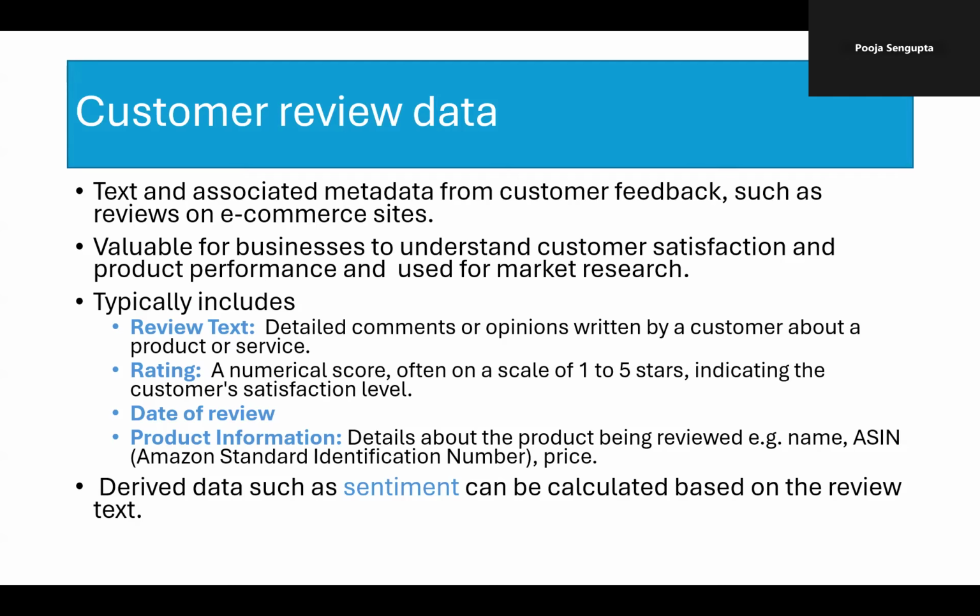We also capture the date the review was written on and product information in the form of metadata. So, details about the product being reviewed, the name of the product. If it's coming from Amazon, then the ASIN, which is the Amazon Standard Identification Number, the price, and so on.